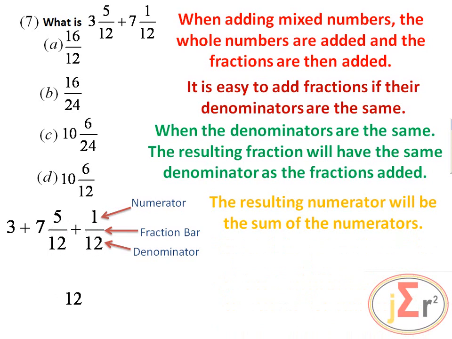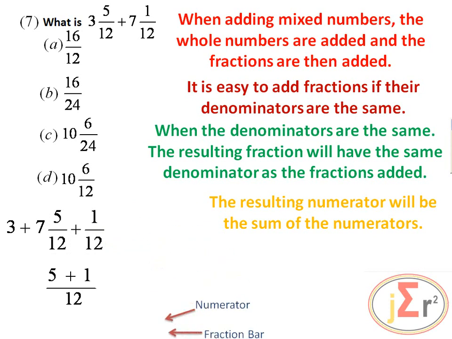So when we are adding fractions, do we add the denominators, Jerry? No. We do not add the denominators. The denominators will return and be the denominator of the answer, because those denominators are the same. And what do we do with the numerators? Add them. 5 plus 1? 6.